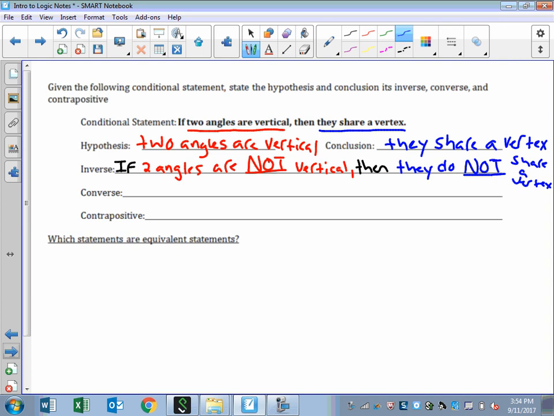Okay, so that's going to be the inverse. We just negated the hypothesis and the conclusion.